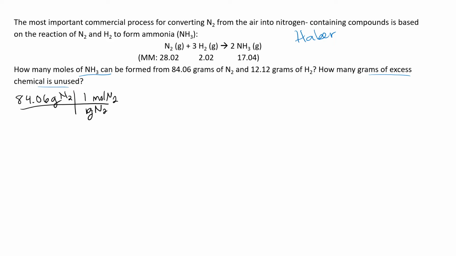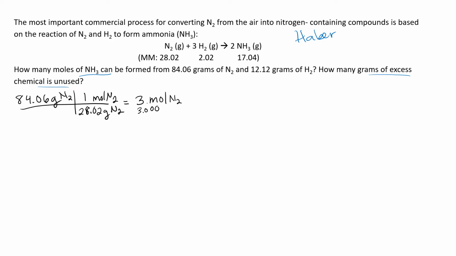So in 1 mole, there are 28.02 grams of nitrogen. So we're going to calculate that, 84.06 divided by 28.02, and we get 3 moles of nitrogen. Now this technically would be 4 significant figures, 3.000, so we can keep that in mind in terms of our sig figs for later.